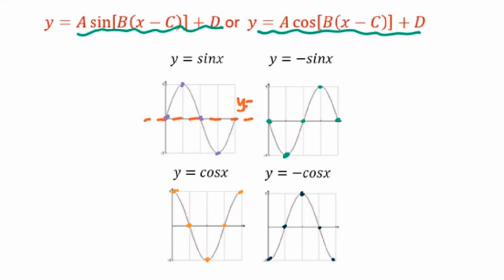This will be y equals D. For this part, it's here, y equals D. And for cosine x, the midline is y equals D. For negative cosine x, this one is y equals D.